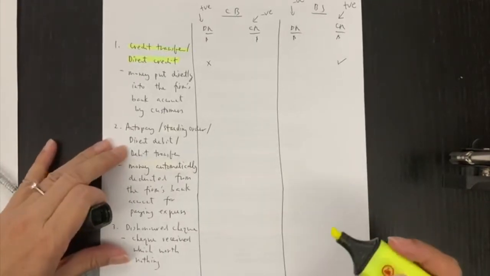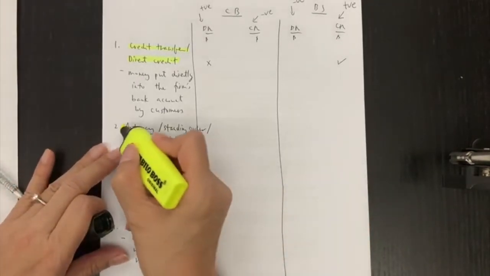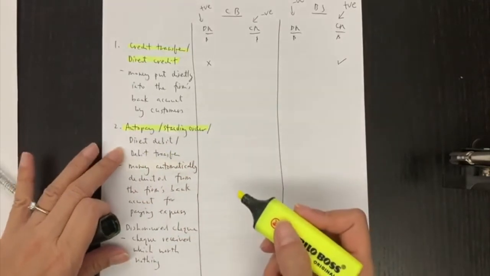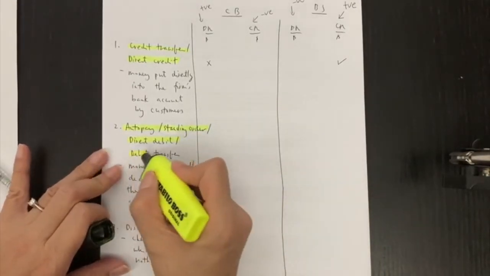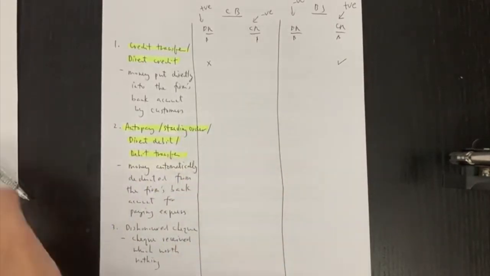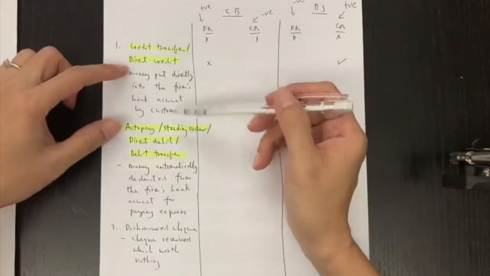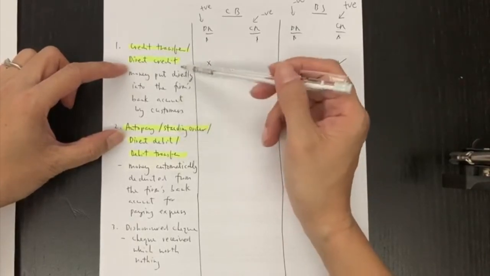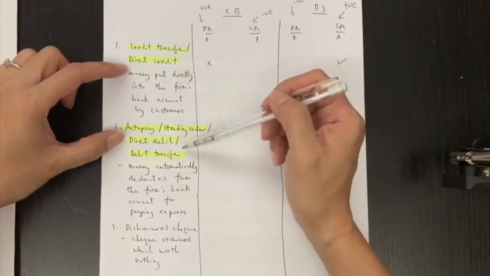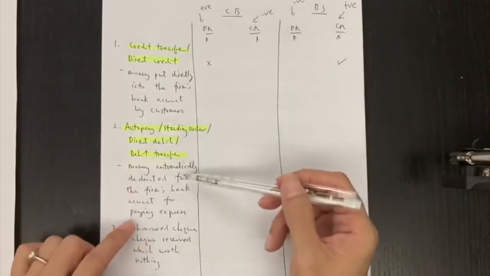Okay, next we have auto pay, the same as standing order, direct debits, or debit transfer. If you compare direct debits and direct credits, this time they are just opposites. Now here is the meaning.